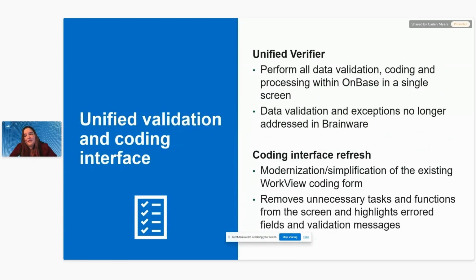And last for AP, a unified verifier that allows all data validation, coding, and processing to happen within a single OnBase screen, no longer requiring them to be addressed in Brainware or any other application. Essentially turning two touch points into one, but with continued communication with Brainware, ensuring continued learning on the Brainware front.